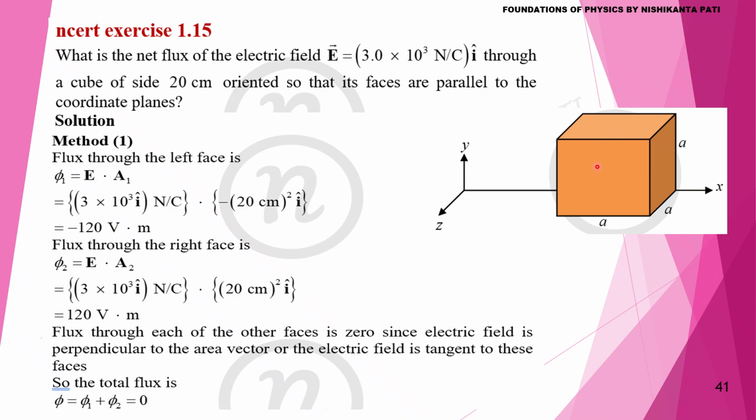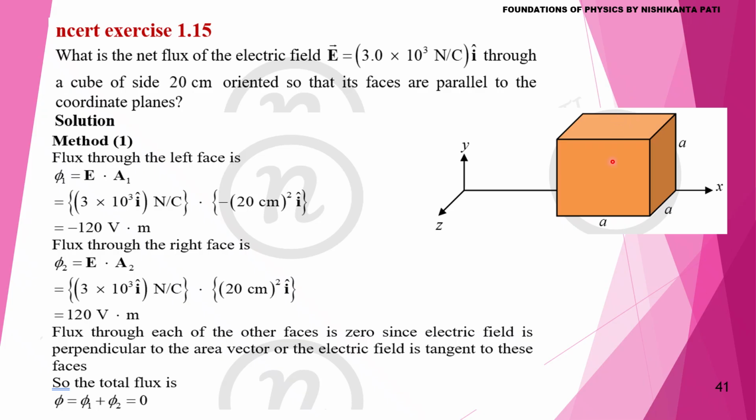The flux through each of the remaining four faces is 0, because the electric field is along the x-axis. For this plane the area vector is this way. For the below plane the area vector is this way. For this front plane the area vector is towards us, and for the back plane the area vector is away from us.